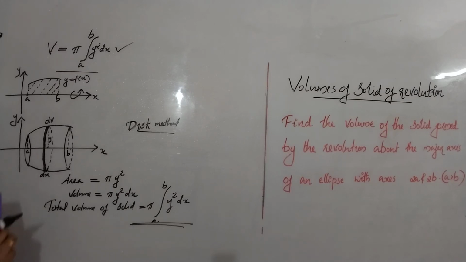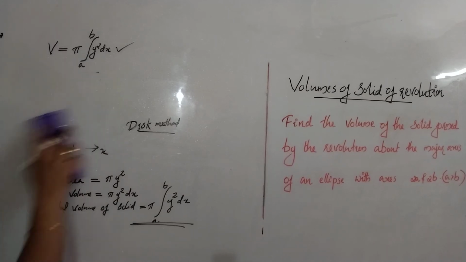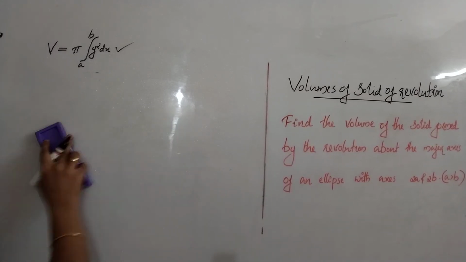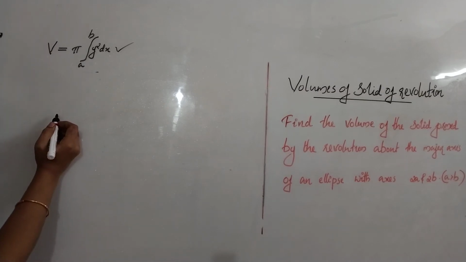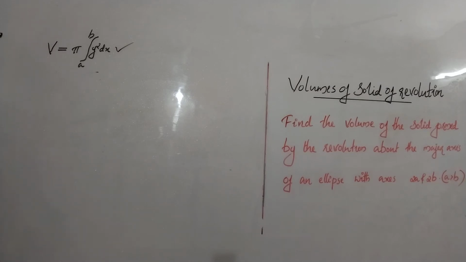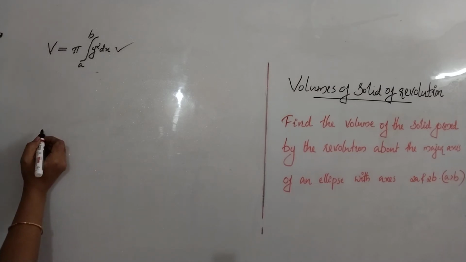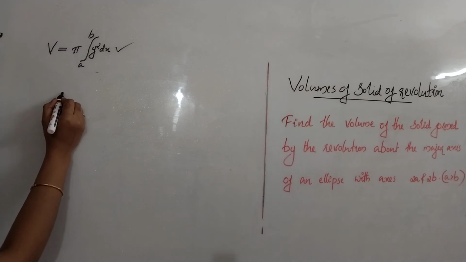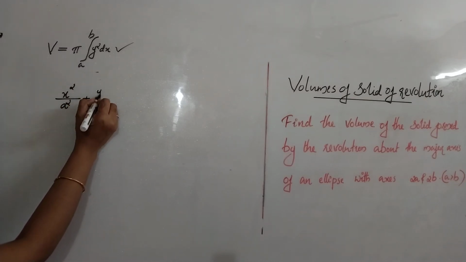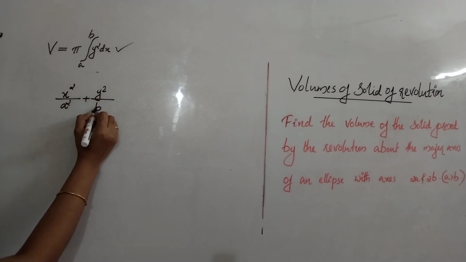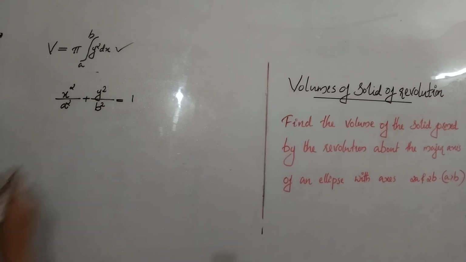Now consider the given problem. Find the volume of the solid formed by the revolution about the major axis of an ellipse. So the equation of the ellipse is what? X square divided by a square plus y square divided by b square is equal to 1.